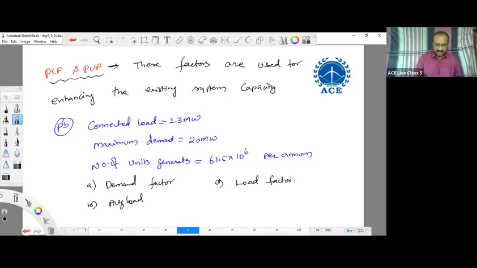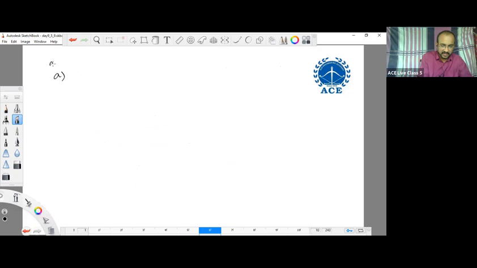So how do you calculate the demand factor? He has given the connected load, maximum demand, and number of units generated. Demand factor is the ratio of maximum demand to connected load.